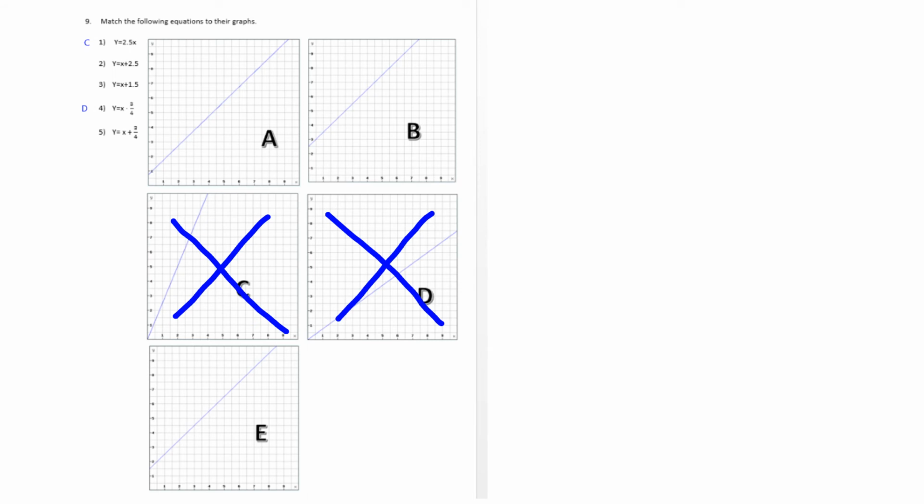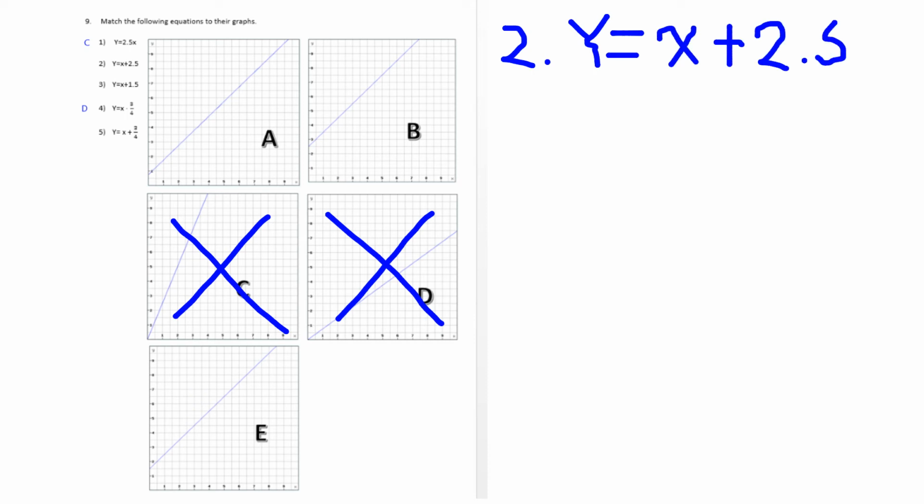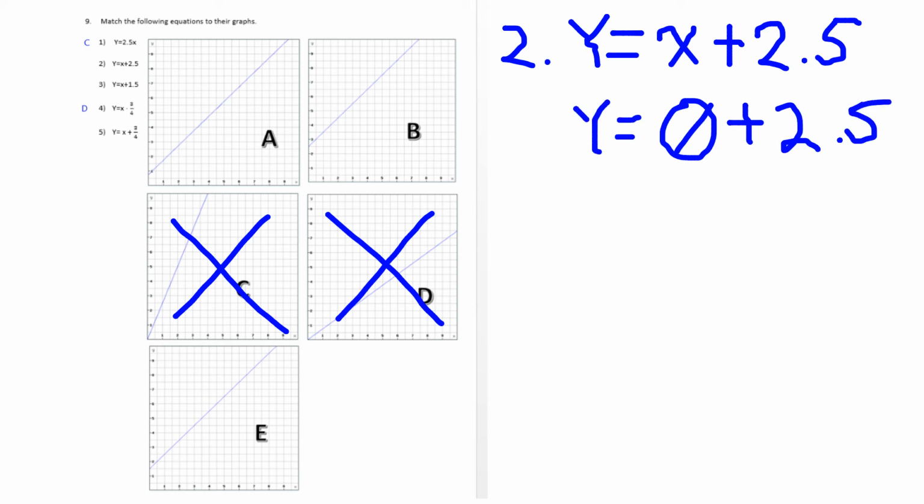So now all we have are additive equations left. And what we have is number 2, which says y is equal to x plus 2.5. Well, I still like to use when x is equal to 0. When x is equal to 0, 0 plus 2.5 is going to equal y. So basically we find out that y is equal to 2.5.